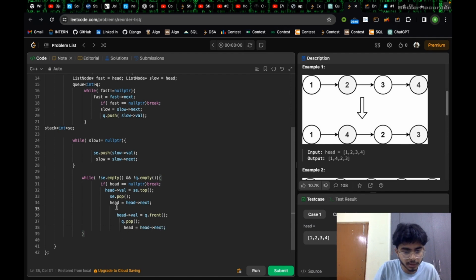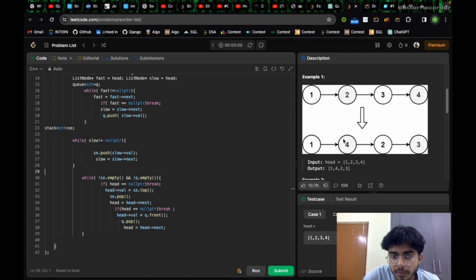What if we get a null pointer here? We would be breaking out. The first one that head points to was 1, but we did not need to change the value of 1, so we would increase it by 1.